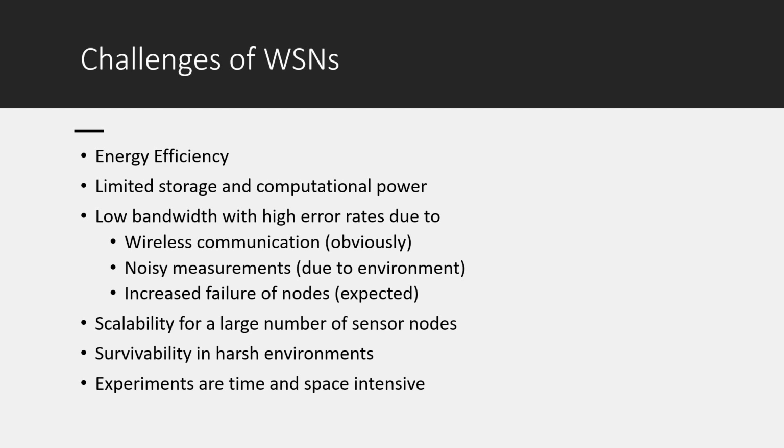The experiments are time and space intensive. This means that the nodes need to be able to send the data when required, so that you get real-time data when you want to access it. So this means time intensive. And space intensive means that when they are deployed in a specific area, they have to give you the data of that specific area.